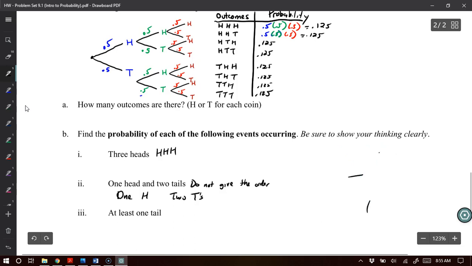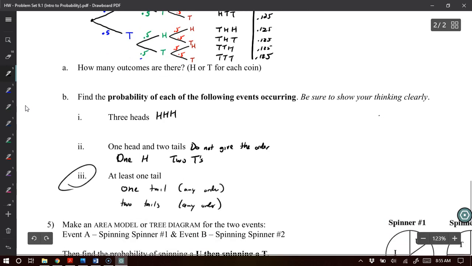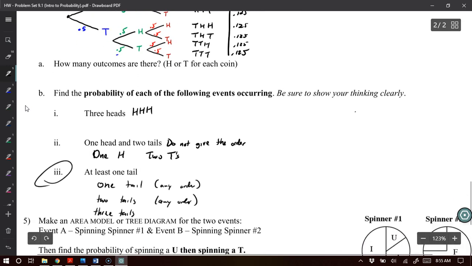And even for part 3, at least 1 tail, that means you can have 1 tail, any order, you can have 2 tails, any order, or you can have 3 tails. Well, there's only one way to get 3 tails, and that's tails, tails, tails.